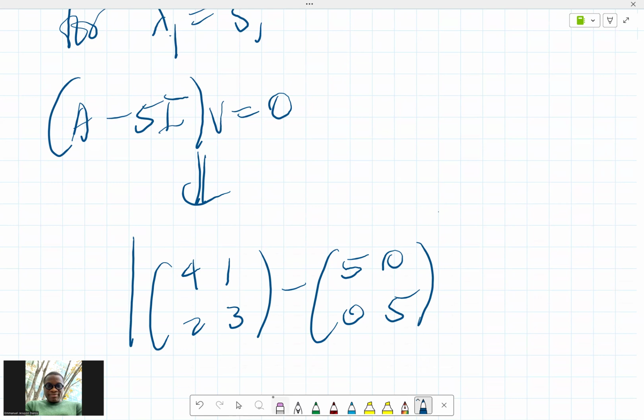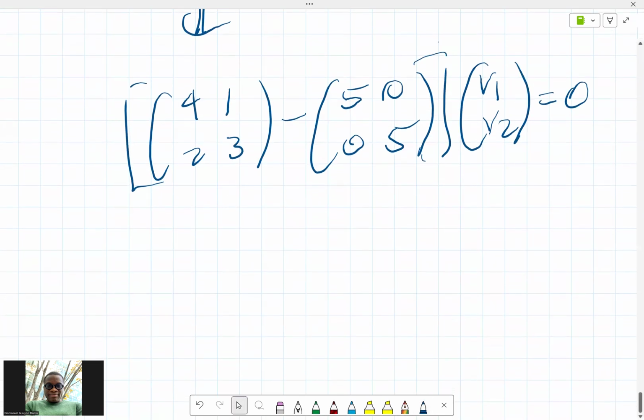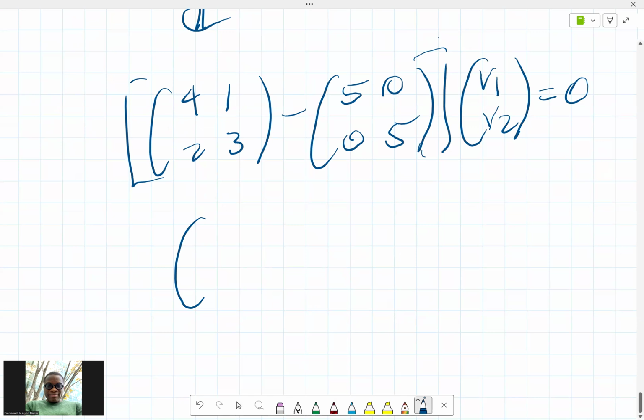Not determinant this time around, more like this multiplied by v. So v in this case would be [v1; v2], which we are now looking for, and all of this is equal to 0.